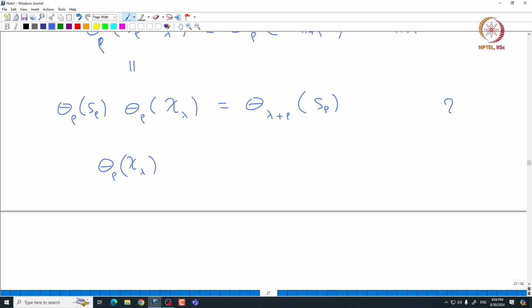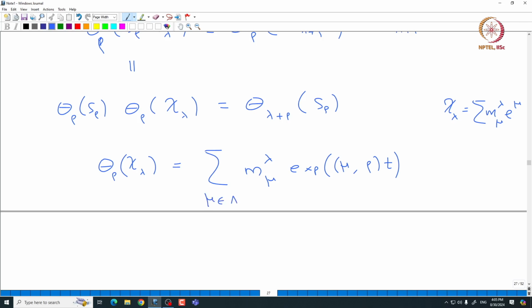By definition of χ_λ, you have the summation of the multiplicity of μ in λ times e^μ. So, this is going to be exactly equal to the summation of the multiplicity of μ times exp(⟨μ, ρ⟩t), where μ runs over all weights of λ.